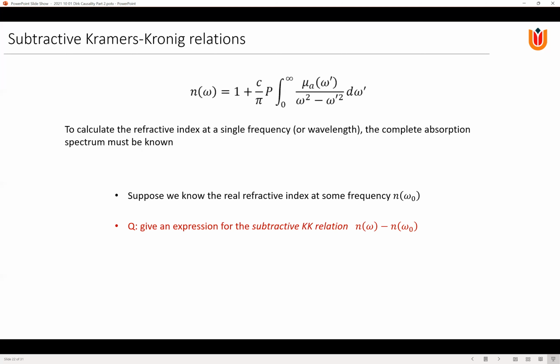Now suppose that we know, by some calibration measurements, the real part of the refractive index at some frequency, dubbed omega 0. Can you give me an expression for what is then called the subtractive Kramers-Kronig relation? So n of omega minus n of omega 0.